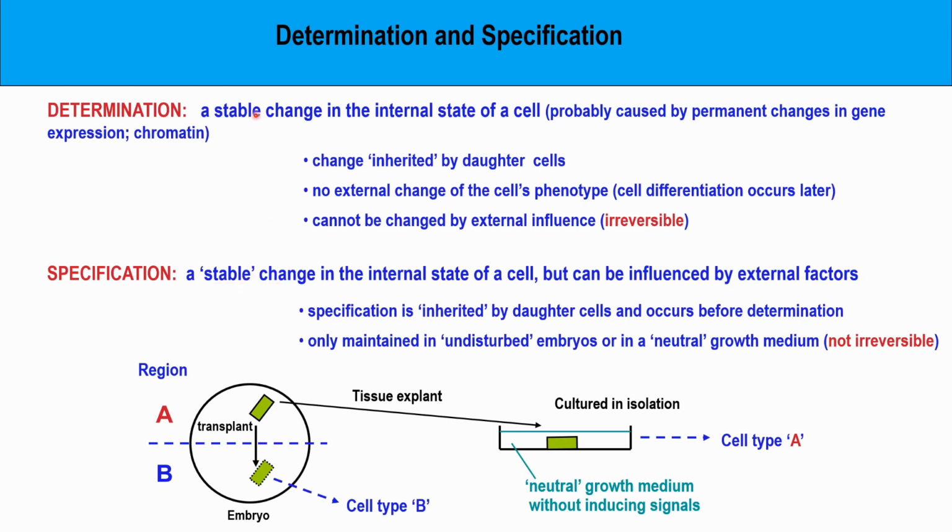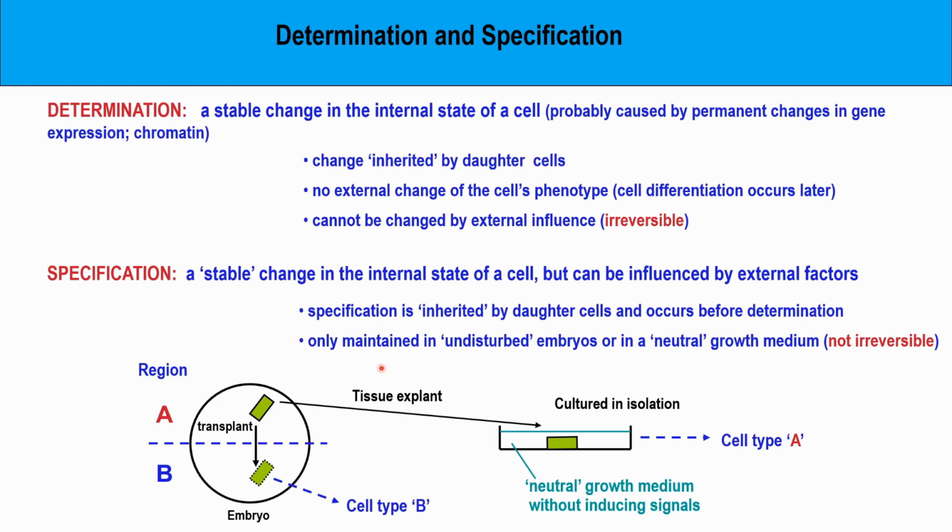So not as stable as when a cell is determined, because this internal state of the cell can be influenced by external factors. Specification is still inherited by the daughter cells, and it occurs before determination. So it's like a weaker form of determination that is open to influence from external factors.